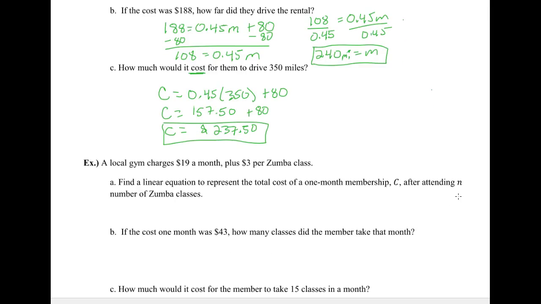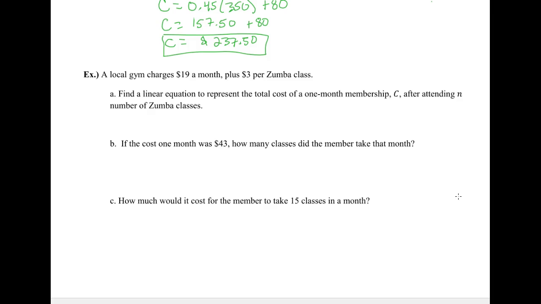Alright, we have one more example here. This last example says a local gym charges $19 a month plus $3 per Zumba class. Find a linear equation to represent the total cost of a 1-month membership C after attending N number of Zumba classes. So this again is going to be in that fixed cost plus variable cost form.